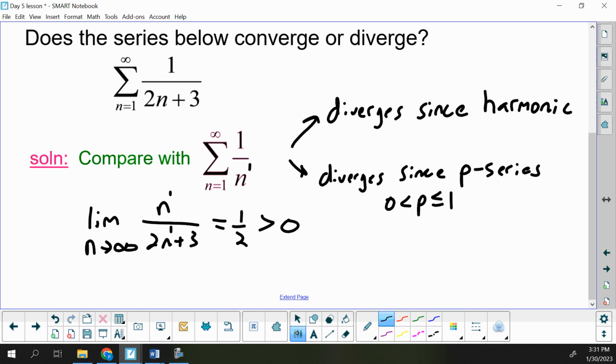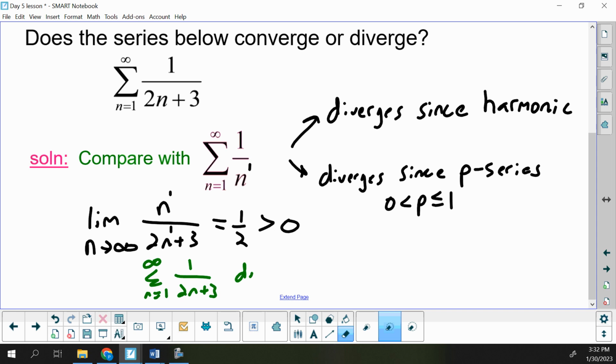So we are ready to do our conclusion. We can say that our sum n equals 1 to infinity of 1 over 2n plus 3 diverges by limit comparison test.